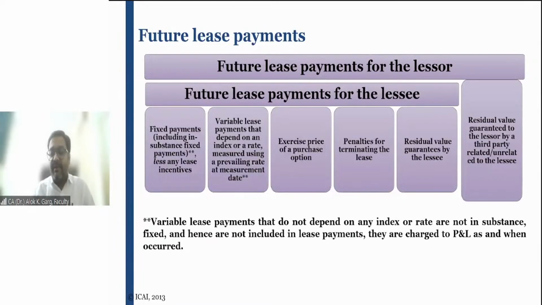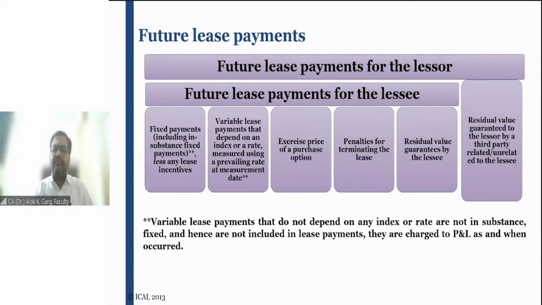What is variable lease payment? Variable lease payment is that payment which is dependent on an index or a rate. Index or rate means like inflation rate, LIBOR, MIBOR, SBI MCLR, wholesale price index, retail price index, consumer price index. So if the variable lease payment depends on these aspects, then it will be covered under the lease payments.